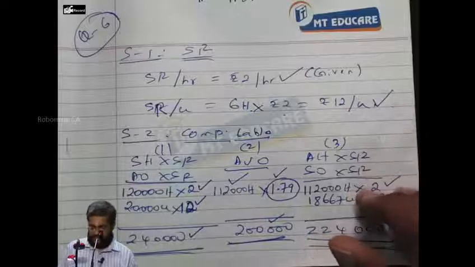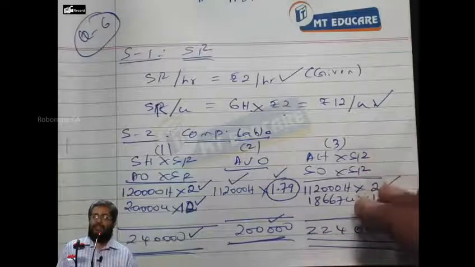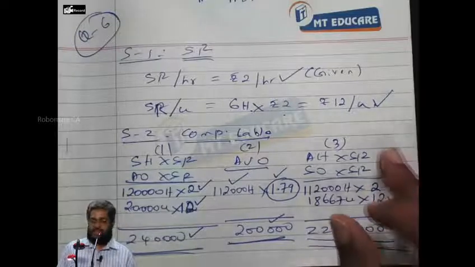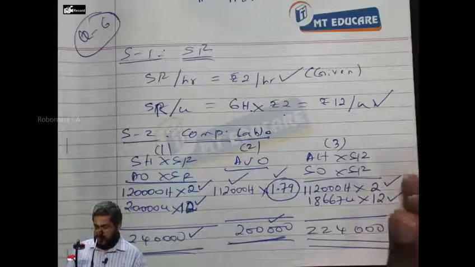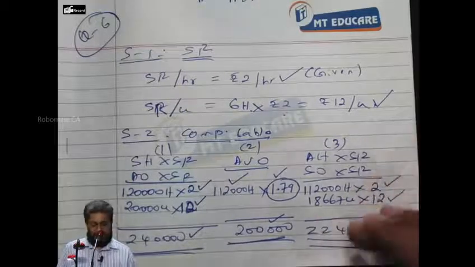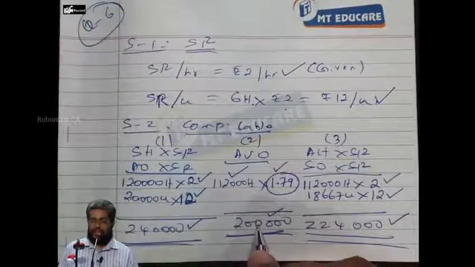Thus, there is a savings in variable overhead cost. Always write VOH in the class. Thus, there is a savings in variable overhead cost of rupees 40,000.